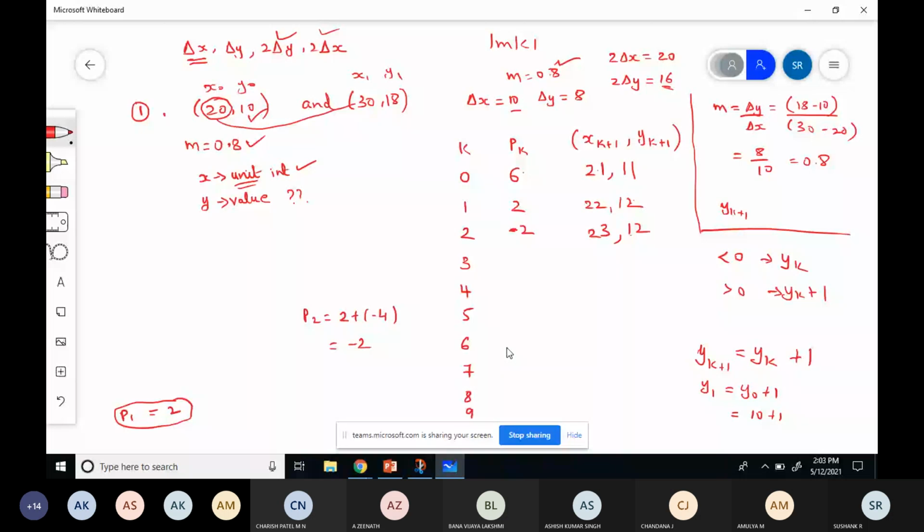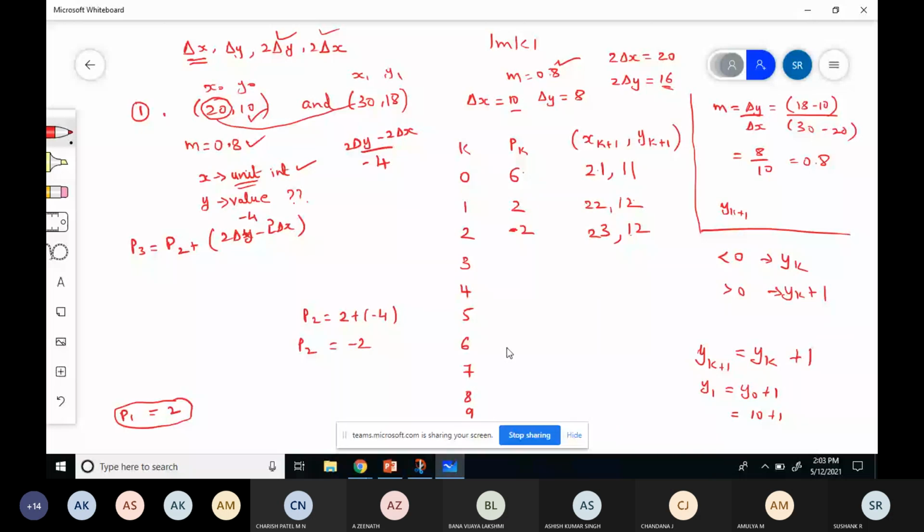After this, P2 is now minus 2. So P3 will be P2 plus the difference. The difference is 2 times delta y minus 2 times delta x, which you have already calculated to be minus 4. I'll write it directly here itself.